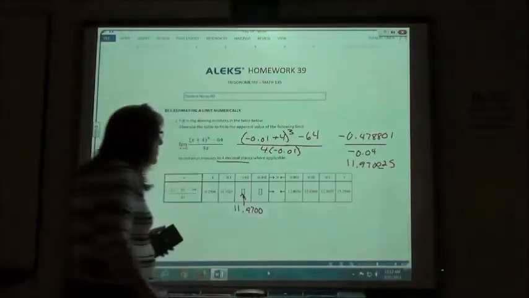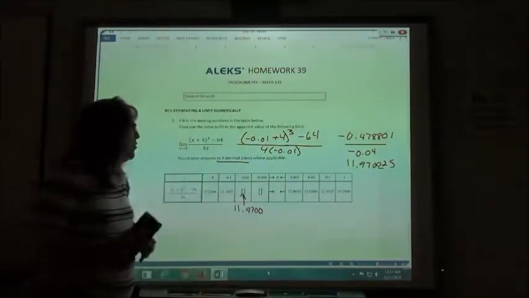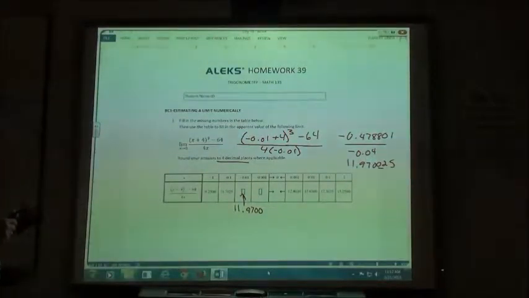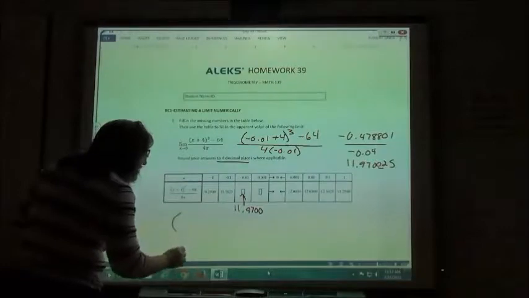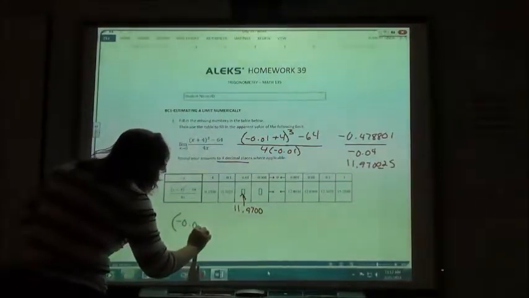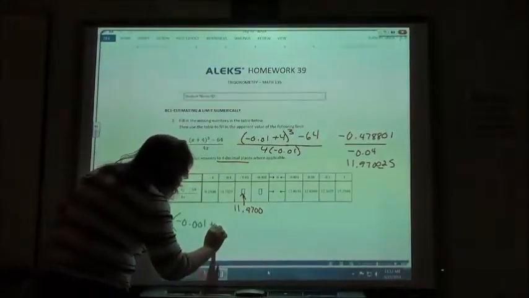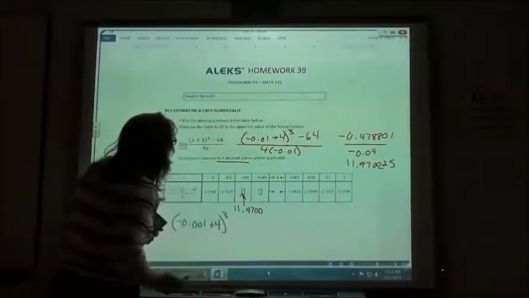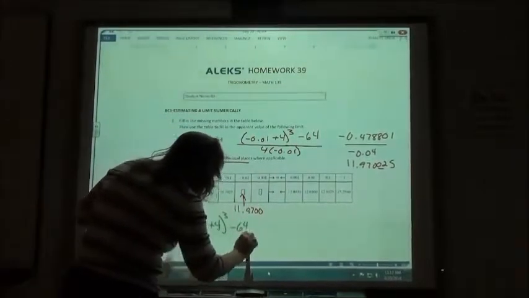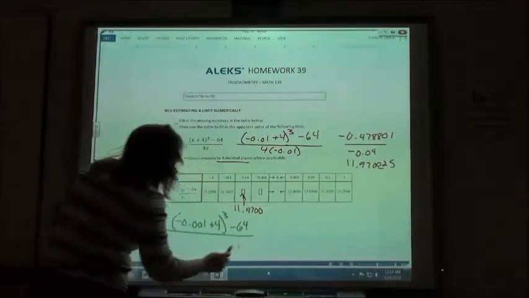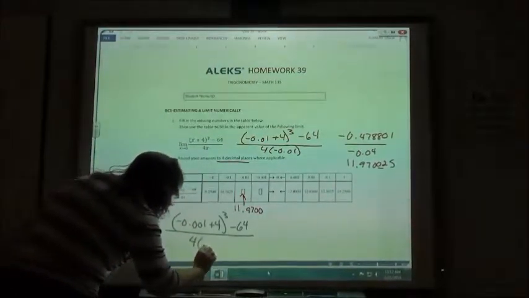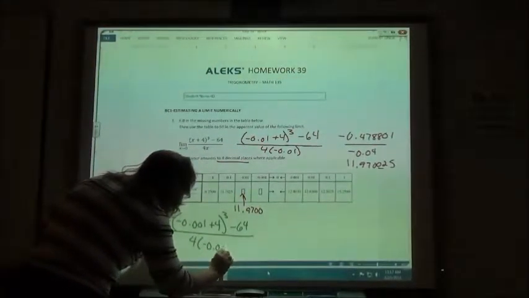We're going to do the same thing, only now we're going to use -1,000ths. So we are going to have -0.001 plus 4 raised to the third power minus 64 over 4 times -0.001.